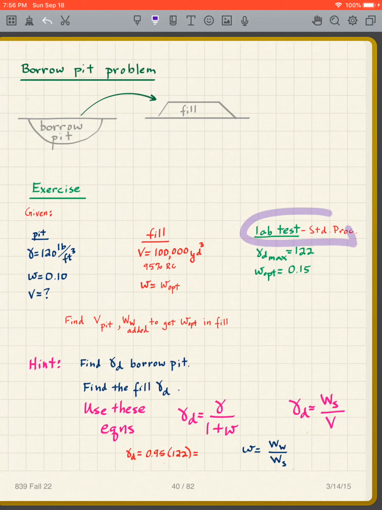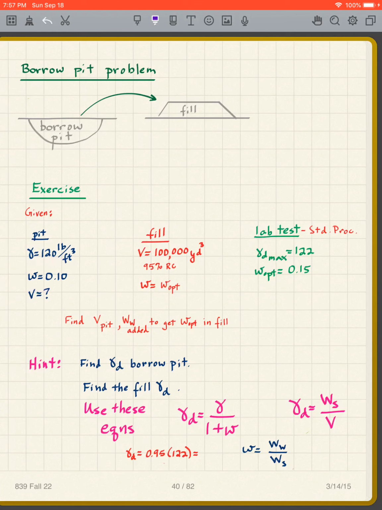We've run a standard Proctor lab test. We found that gamma D max is 122 pounds per cubic foot, and the optimum water content is 0.15, 15%. So what we want to do is find what is the volume of the pit that we need. How much water do we need in weight to get to the optimum water content in the fill? So notice this is at 10%, this is at 15%.